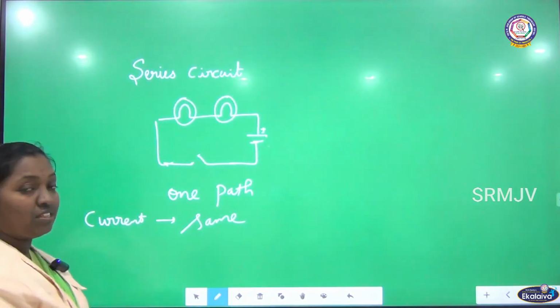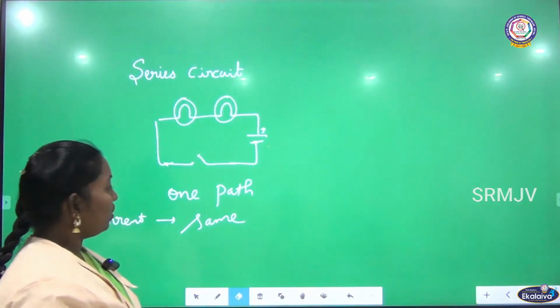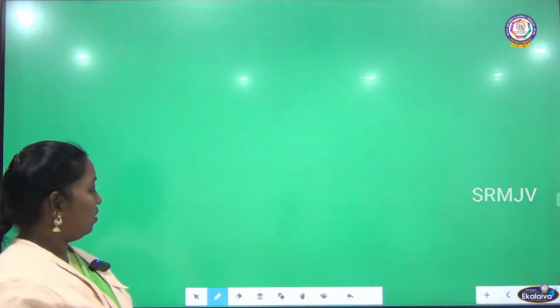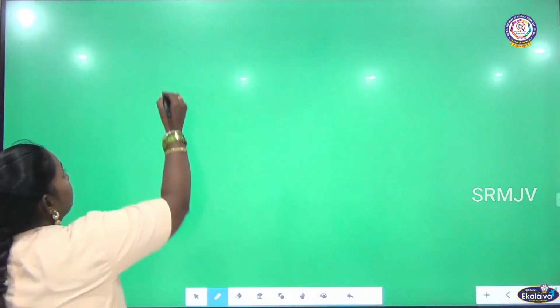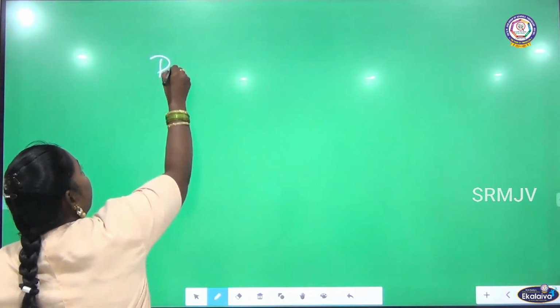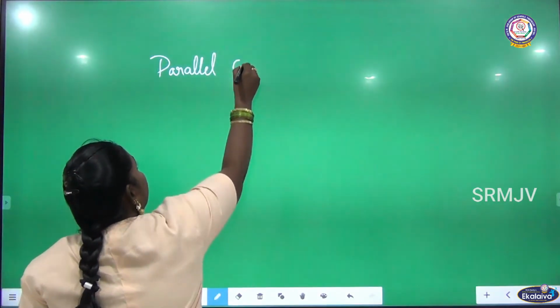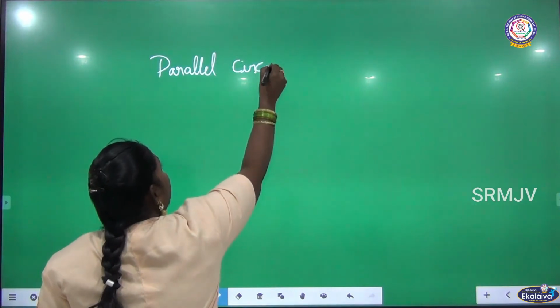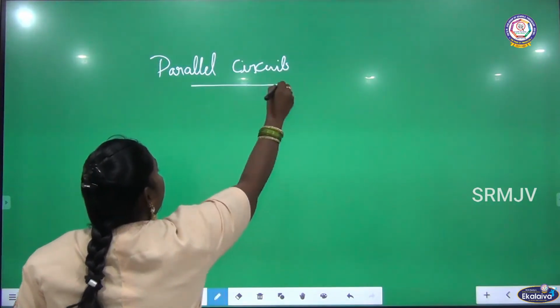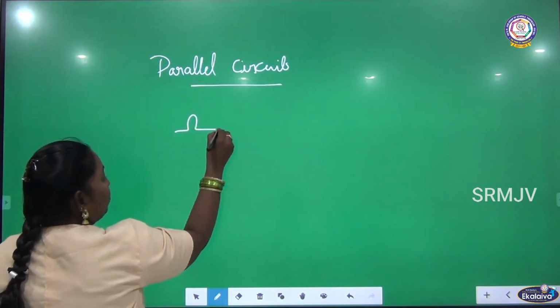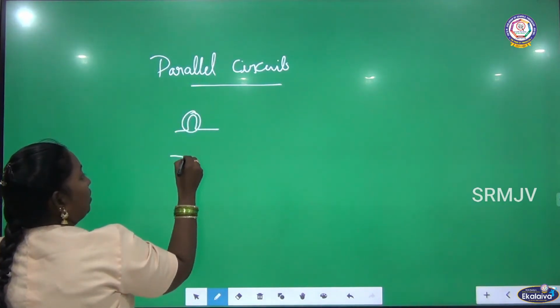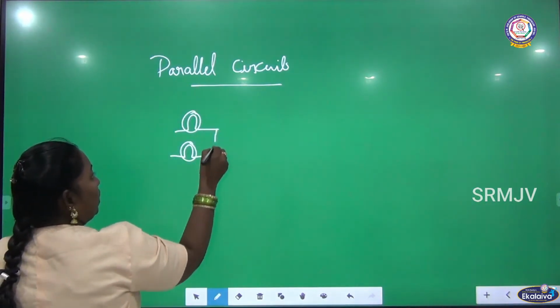Now let me see the second one, the parallel circuit. So this is bulb 1 and this is bulb 2.